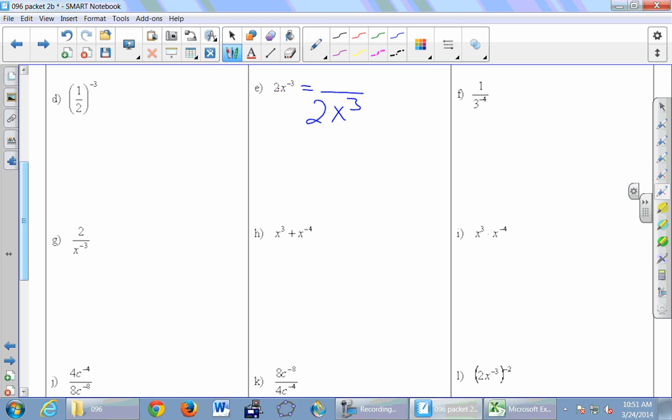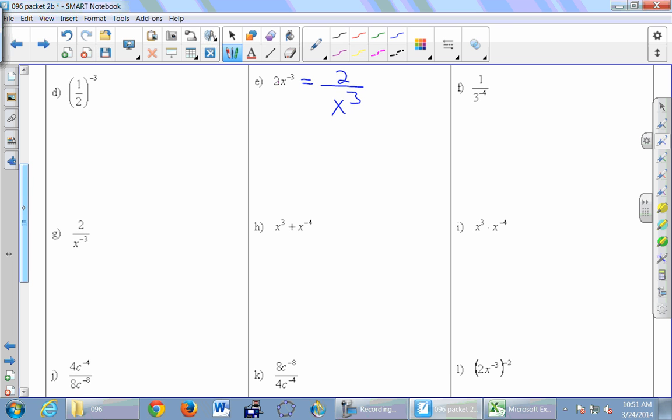The negative does not apply to the 2. So where is the 2? It's on the top. It has no reason to move. And that's why I wanted to do this example, just to show you that the only things that move are those things with negative exponents. That's our answer. And the goal for all of these here is to get it so you have no negative exponents. That's what we're after, no negatives.